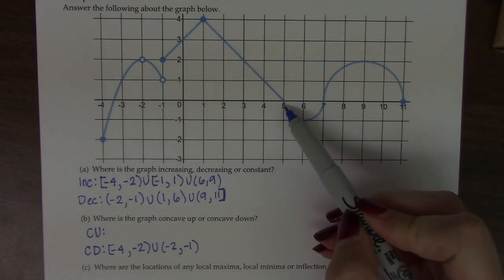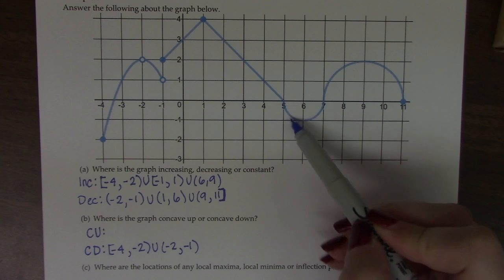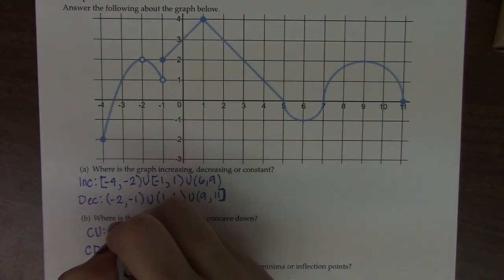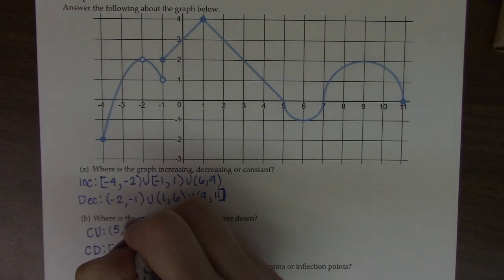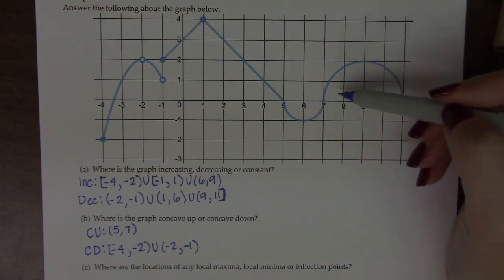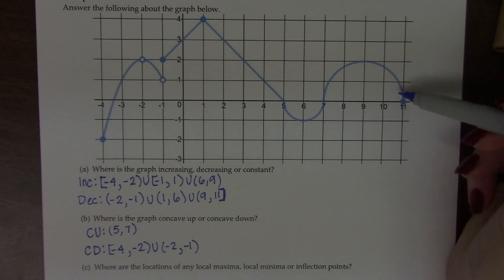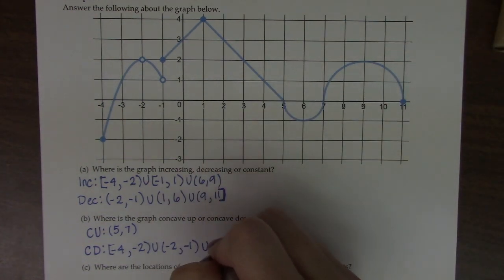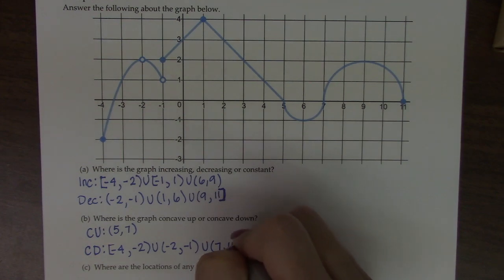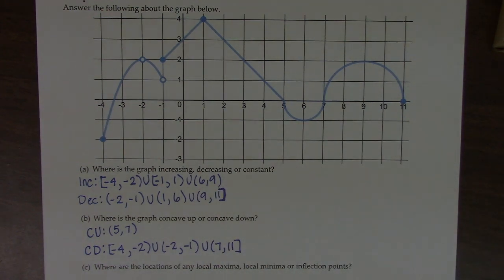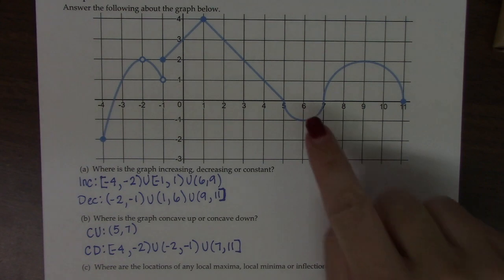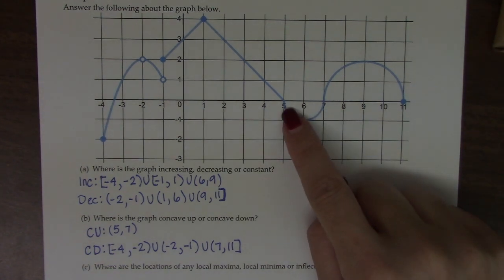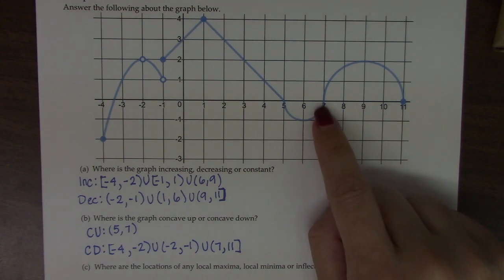But when we get here, we can clearly see this graph is concave up from 5 to 7. So we would say from 5 to 7, it's concave up, and then it goes concave down again from 7 to 11. So here's the issue. What do I do about 5, and what do I do about 7?